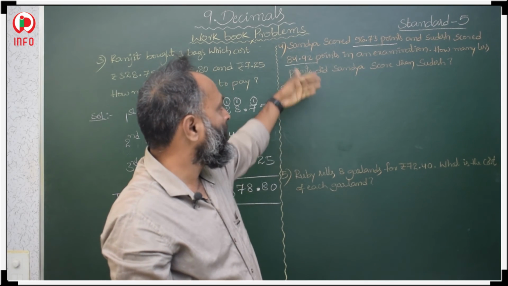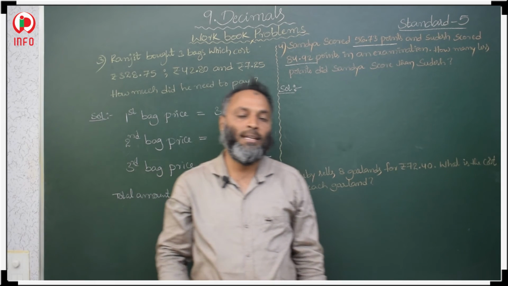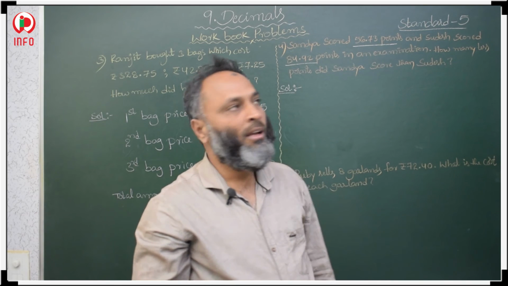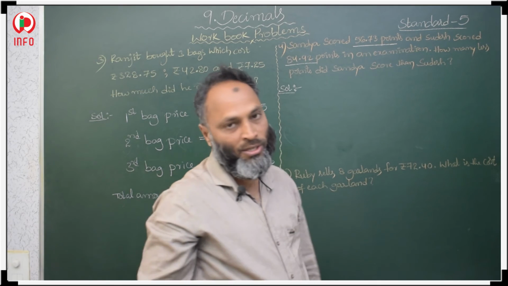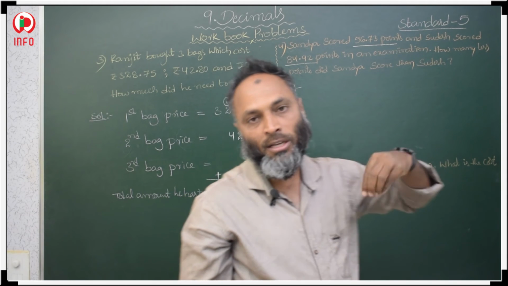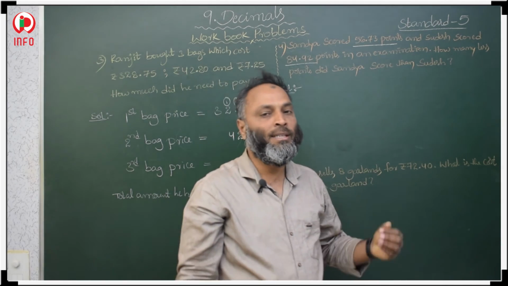How many fewer points did Sandhya score? He is asking, so we should find the difference. First we take the points scored by Sudesh, and from that we subtract the points Sandhya scored. Then you will get how many fewer points Sandhya scored.